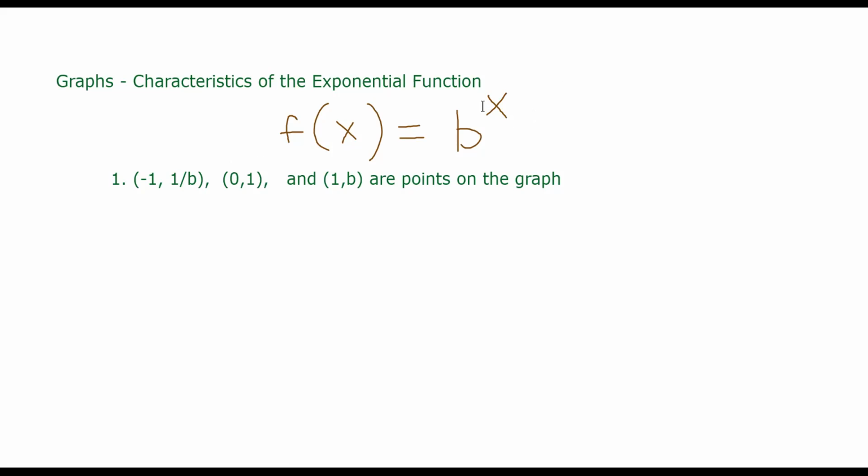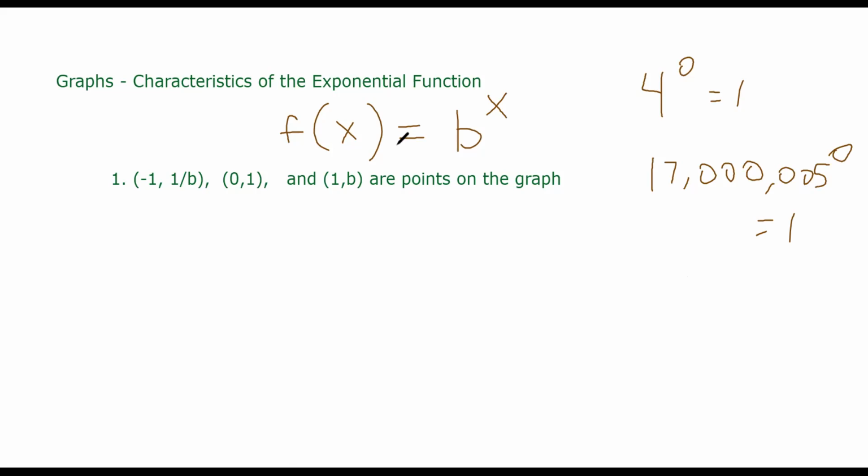If I put a 0 in for x, remember, raising any non-zero number to the 0th power always produces 1. So for instance, 4 to the 0 is 1. 17,000,005, you raise that to the 0th power, you're going to get 1.